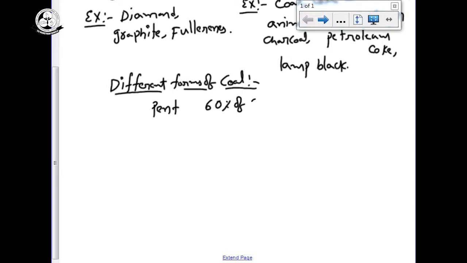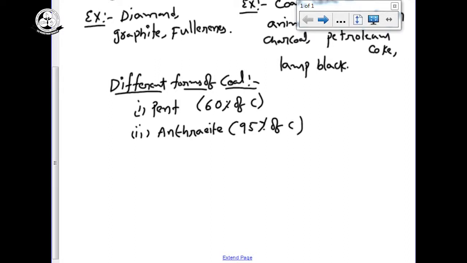The second is anthracite, containing 95% of carbon.